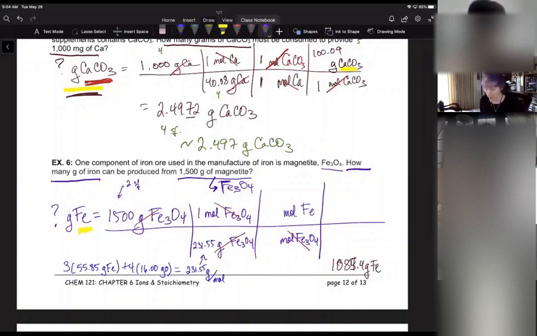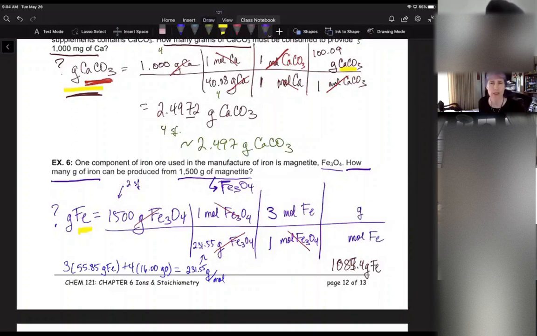And in this case, we're looking at the formula there. So I see there are 3 iron for every 1 of those compounds. All right, then we have to cancel out moles of iron because I don't see it over by the question mark. I'm looking for grams. So I'll introduce grams of iron on top.